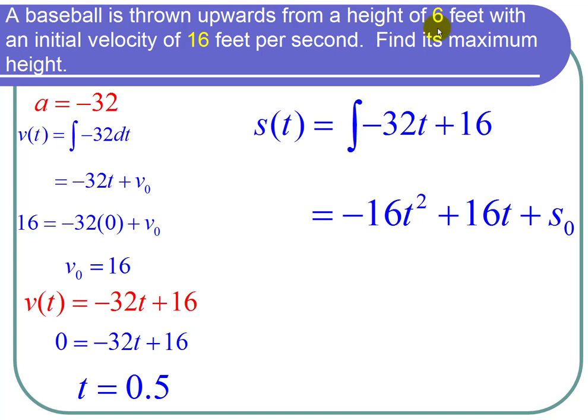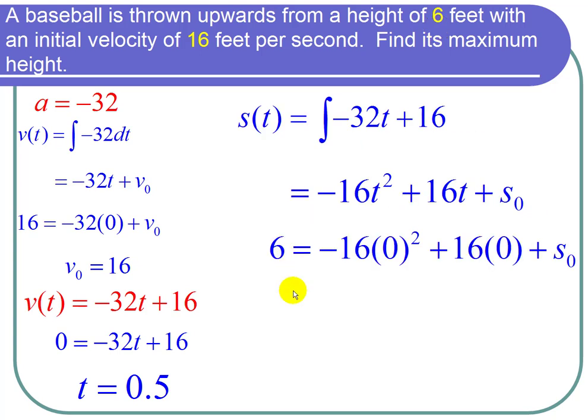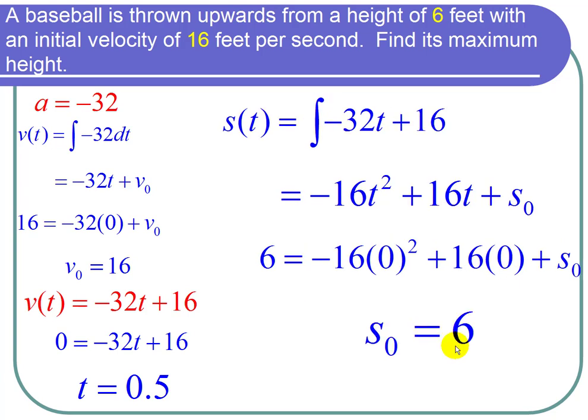So I can plug the 6 into s naught and get my s of t is negative 16t squared plus 16t plus 6. Now remember, my maximum height occurred when the time was 0.5 seconds.